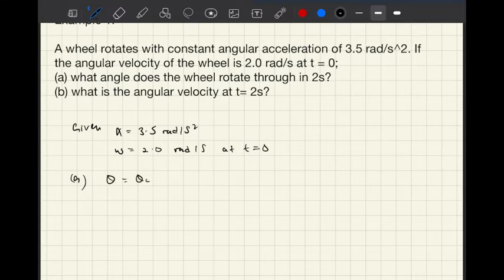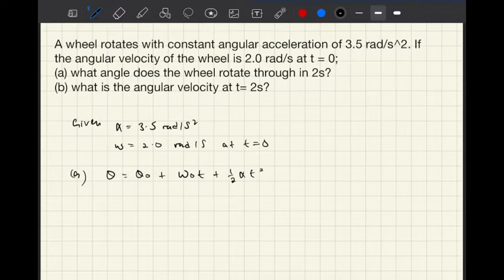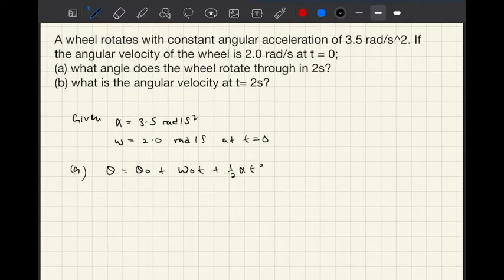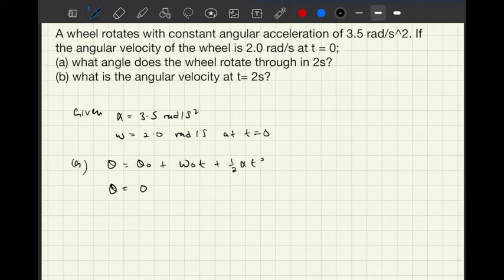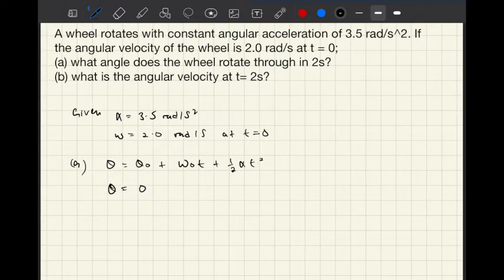Theta equals theta naught, the initial value of theta, plus omega naught times t, plus half alpha times t to the power of 2. So we need to solve for theta. The initial value of theta will be 0 because it begins at 0, right?